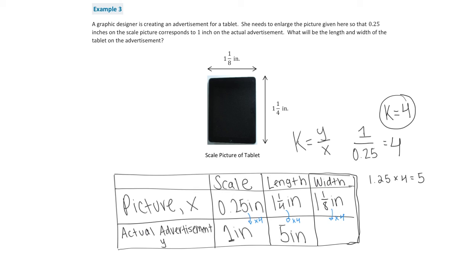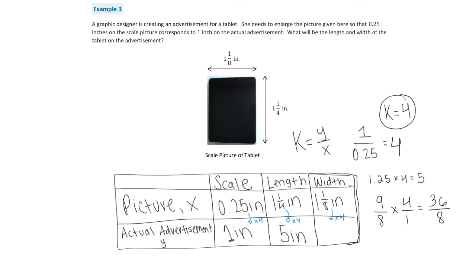For the width, you can turn 1/8 into a decimal, or you could turn it into an improper fraction. So if we were going to turn it into an improper fraction, we have 8 times 1, which gives us 8, plus 1, which gives us 9 as our numerator, over our denominator of 8, which stays the same, times 4 over 1. And we have 9 times 4, which gives us 36, over 8.